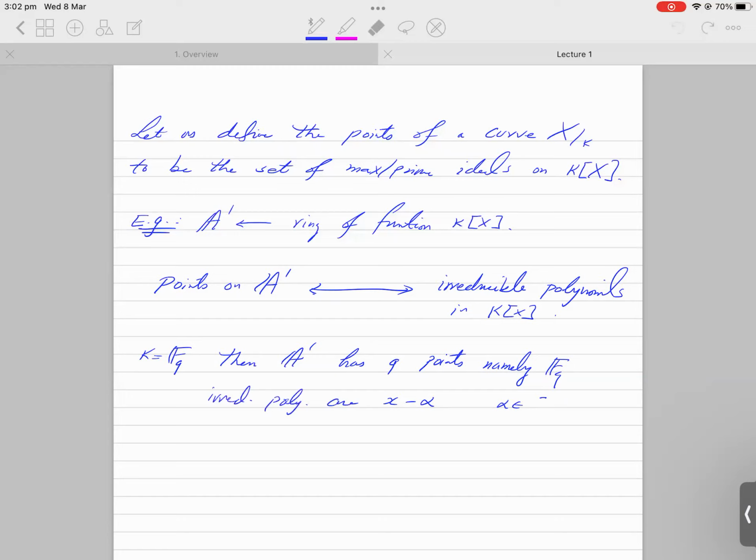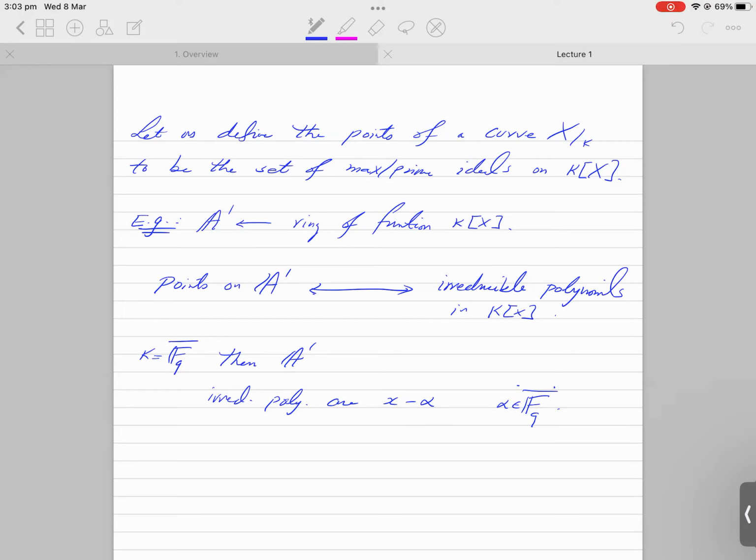If I was over an algebraically closed field, so let's say F_q bar, then irreducible polynomials are of the form x minus alpha, where alpha is in F_q bar, right? Because all polynomials factor into linear ones, and then you get one irreducible polynomial for each.